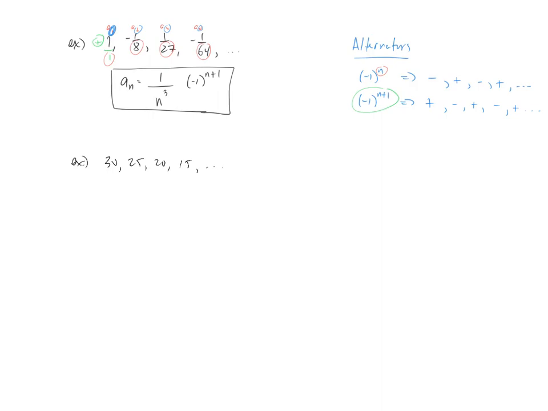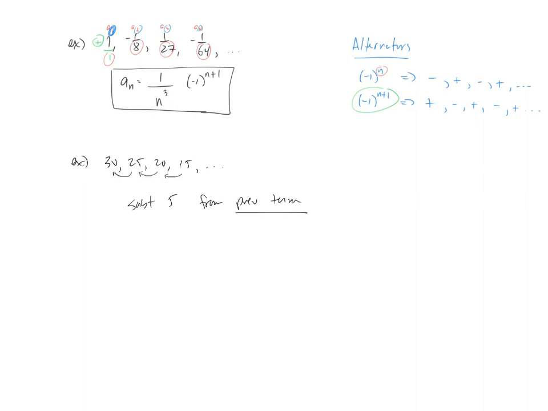You can see that we got the 25 from the previous term by subtracting 5. We got the 20 from the previous term by subtracting 5, and we got the 15 from the previous term by subtracting 5. So what do we do? We subtract 5 from the previous term.